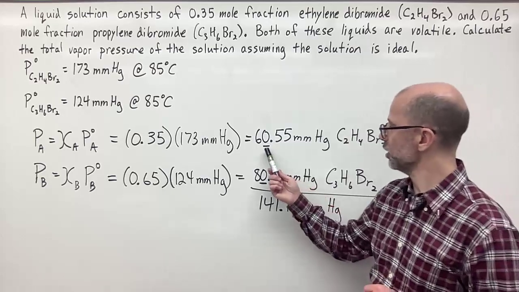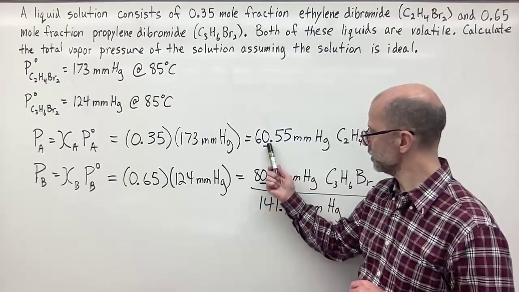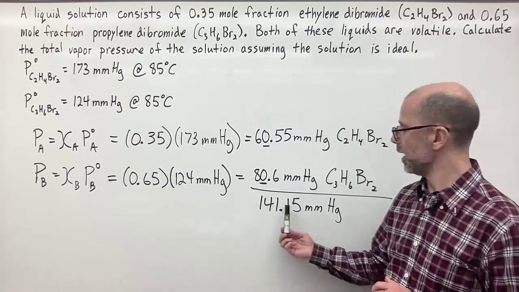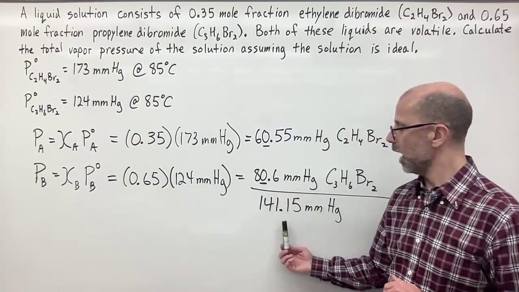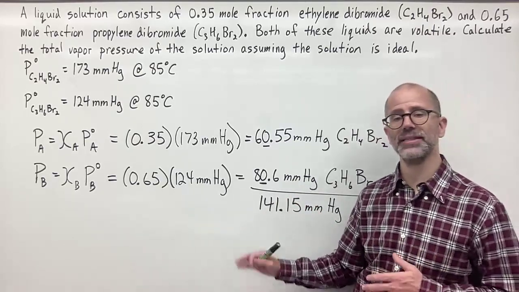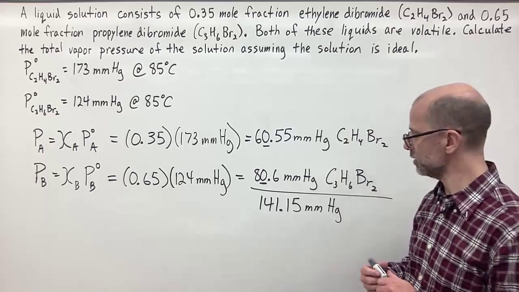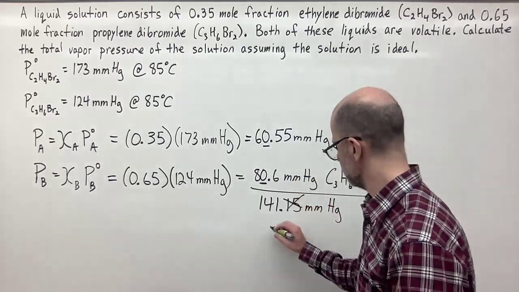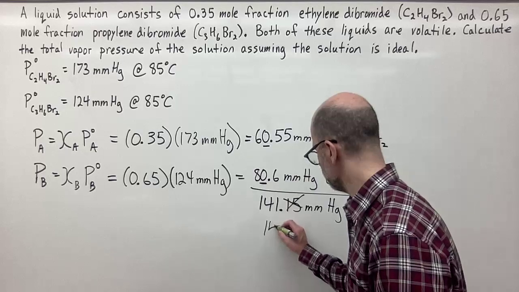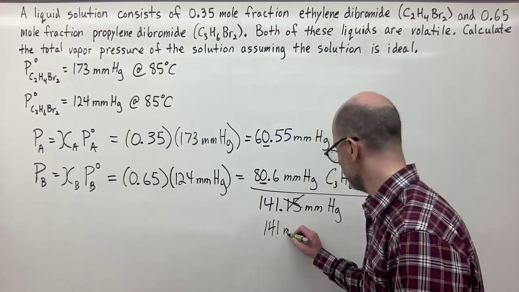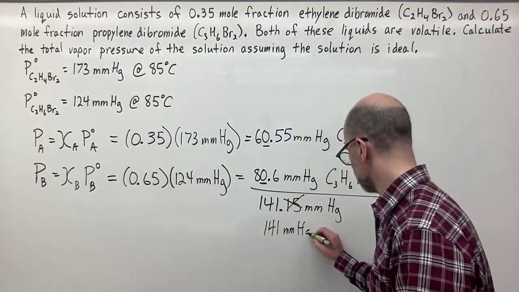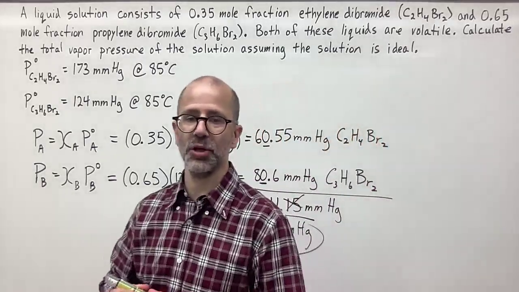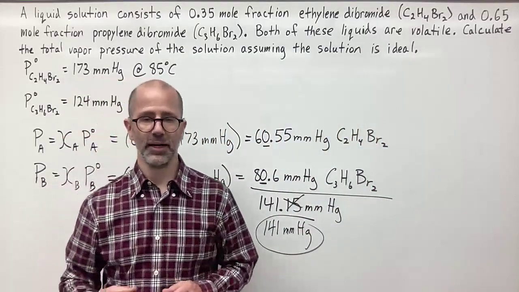You'll notice that for both of these, the least precision is in the ones place. So that means my final answer is limited to the ones place. I can't go past the ones place. So therefore, I would get rid of this, and my final answer would be 141 millimeters of mercury. And that, ladies and gentlemen, is the final answer.